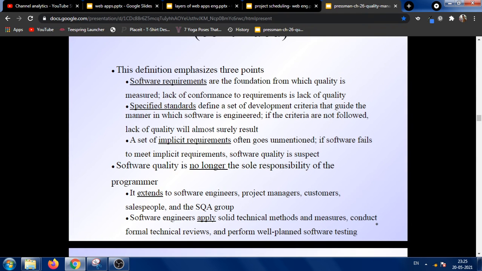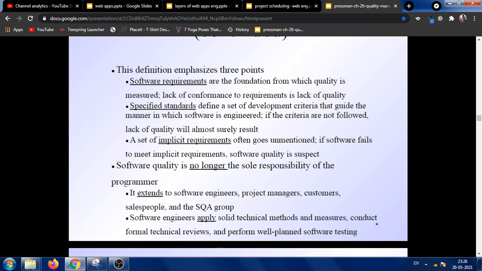programmers. Software quality is no longer the sole responsibility of the programmer, it extends to software engineers and project managers, because not only the programmer is involved in coding the project, there are other personnel involved in software development and in the quality process: the software engineers who plan, the project managers who manage the project, the customers who give the requirements properly to the developers, and the salespeople who make the communication between the developer and the seller.